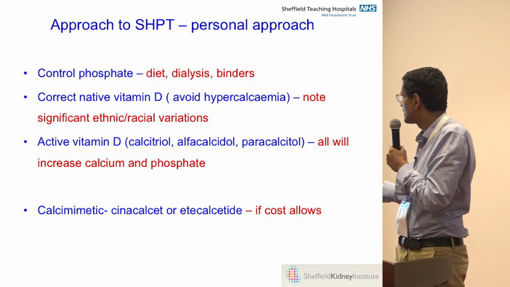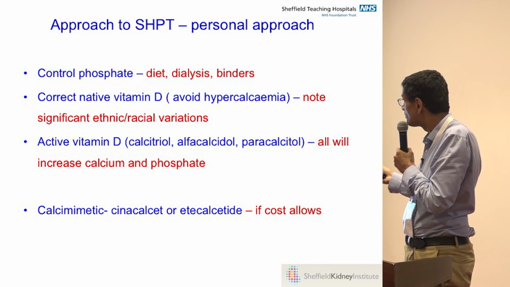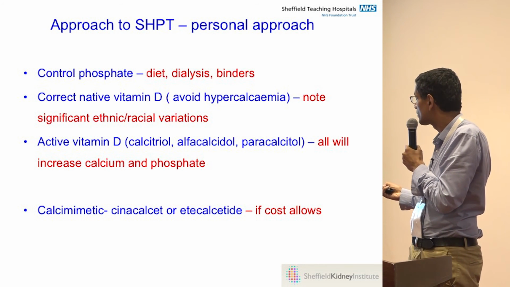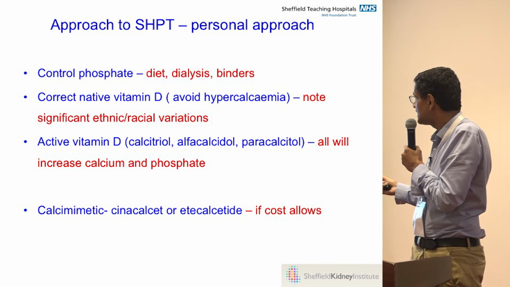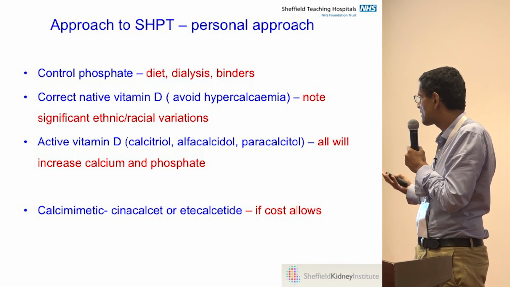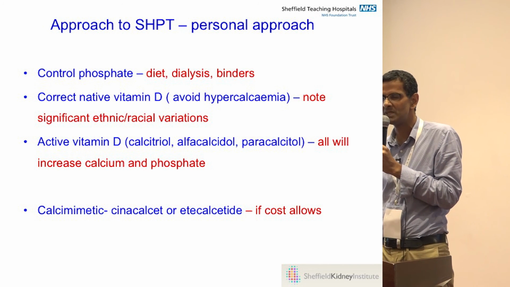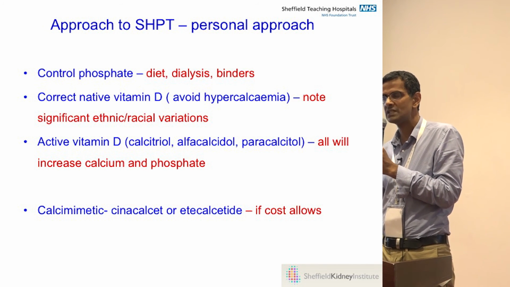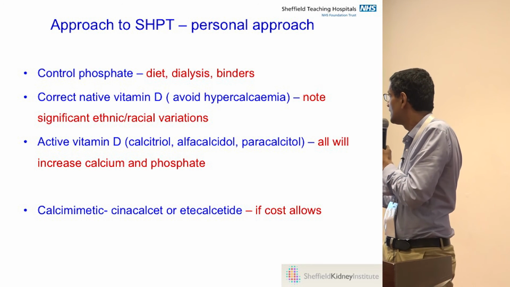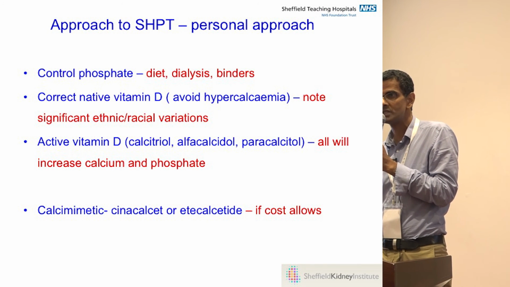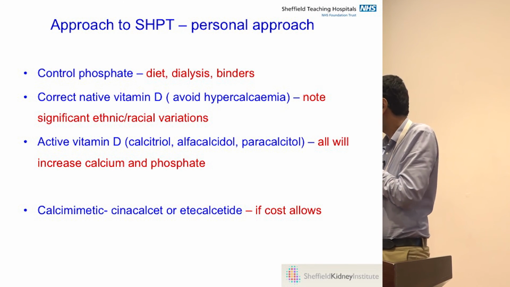So in terms of management then, what would I do? I'd control phosphate, whether that's with diet, dialysis, or binders, or a combination of all three. Then native vitamin D, so you want to correct native vitamin D, and I think the one thing I would say is that most vitamin D levels have been normalised for a Western population, and there are big ethnic variations in vitamin D binding protein, which affects how you interpret vitamin D levels.